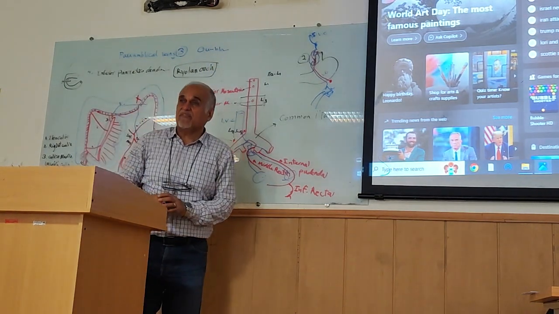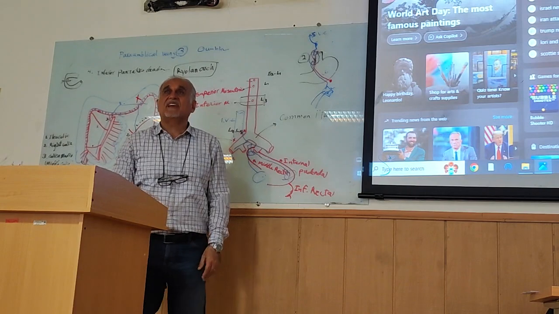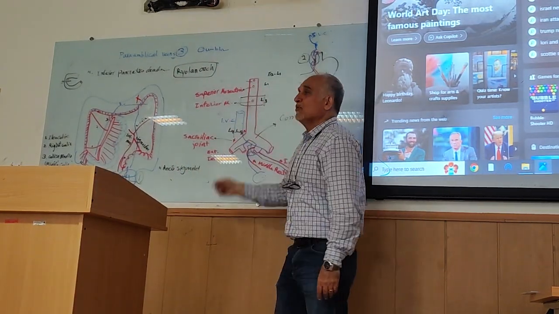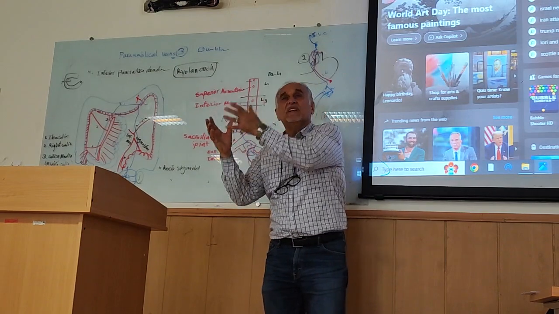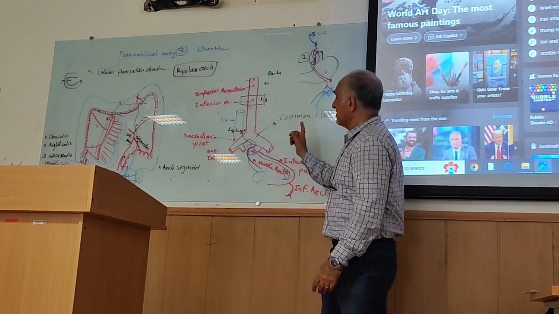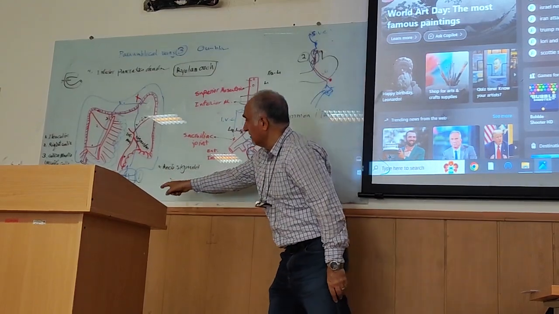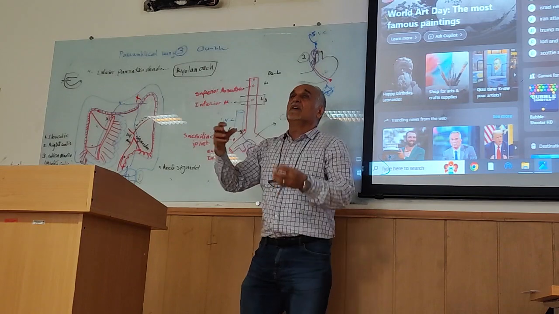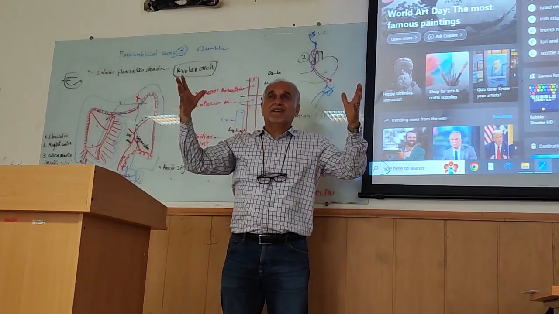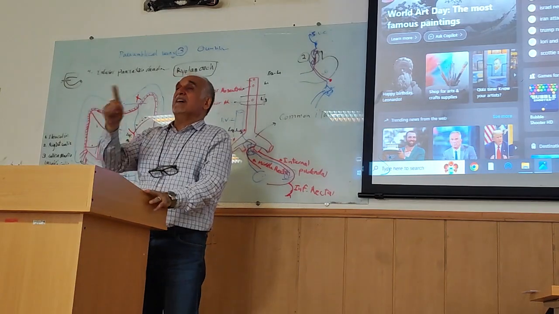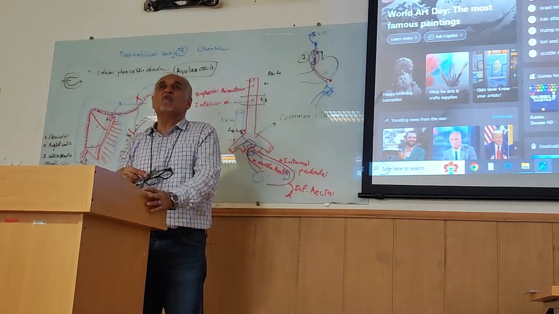So if someone faces the problem of the portal vein not draining to the liver, or in liver disease, these three, number 1, 2, and 3, should open. They open and become large and tortuous, like varices.